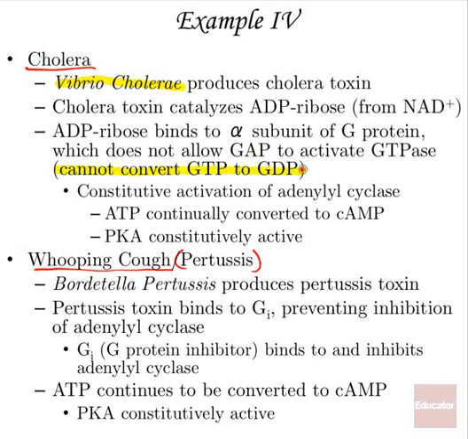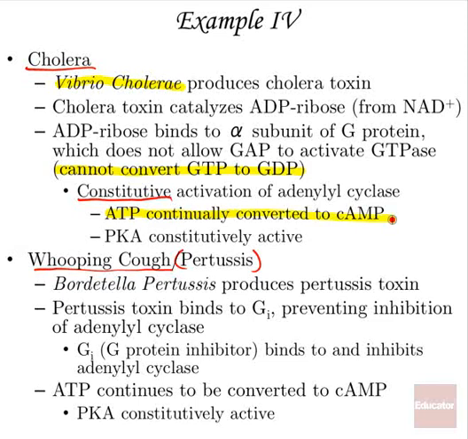All right, well, what does that even mean? Well, that means that we have constitutive activation of our adenylyl cyclase enzyme. Constitutive means it's always on. Now, if our adenylyl cyclase is always on, that means that we are continually turning ATP into cAMP.